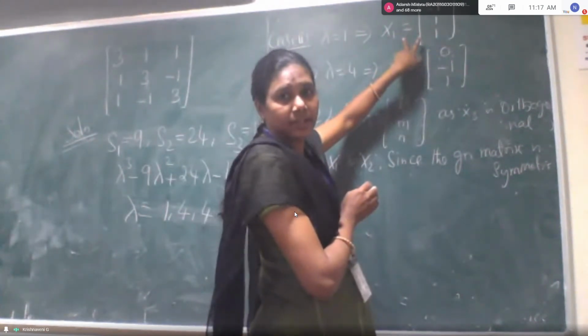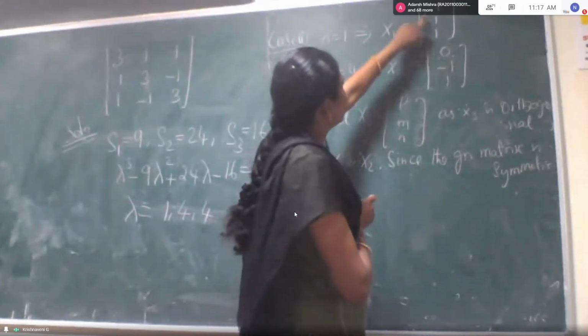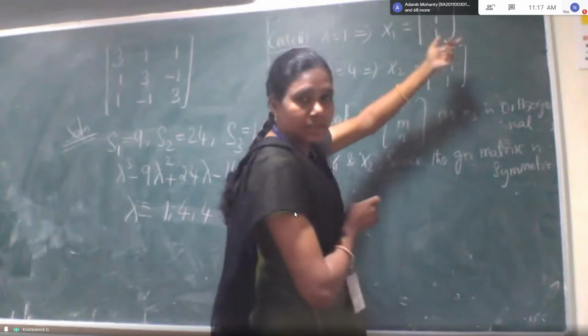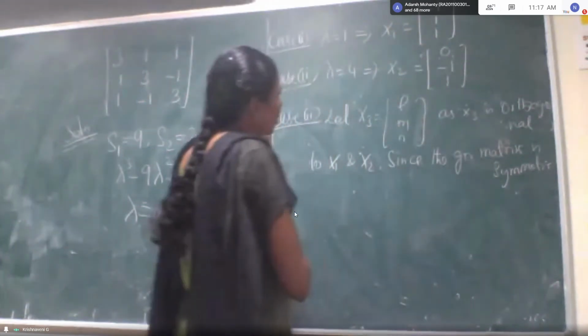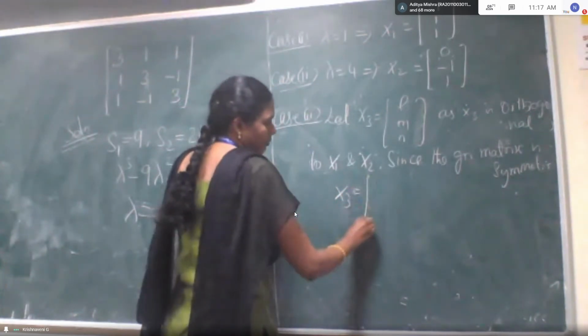Symmetric matrix eigenvectors are orthogonal to each other. 0 becomes -1 plus 1, 0. Third eigenvector x3 is 2, 1, 1.